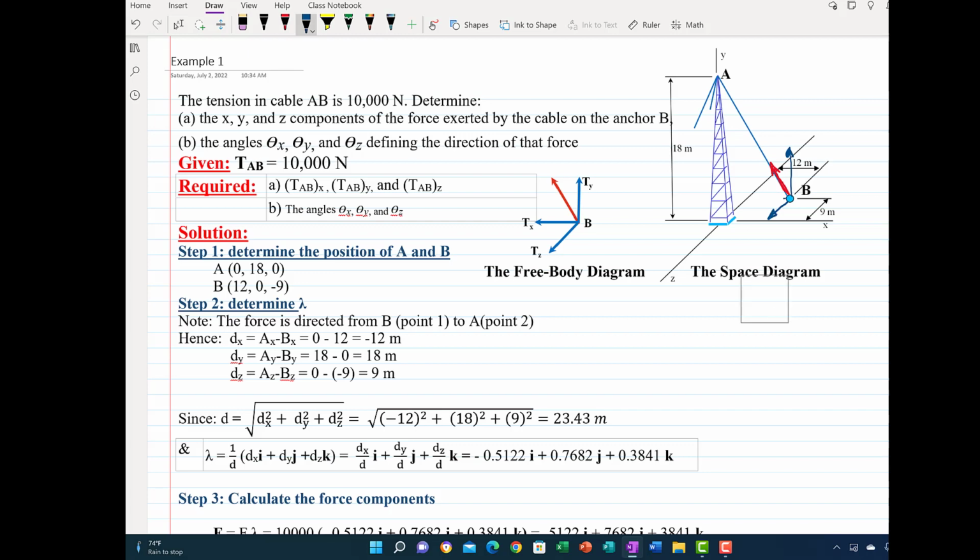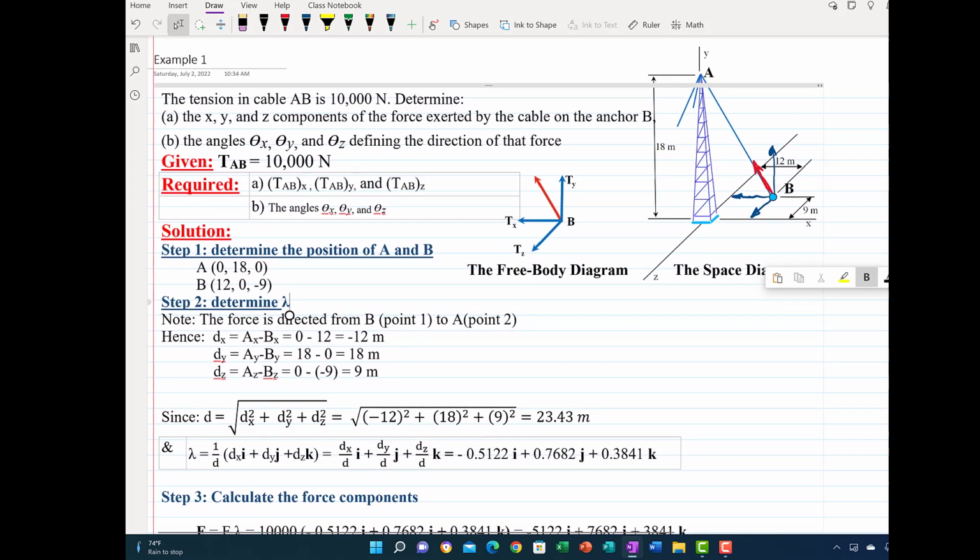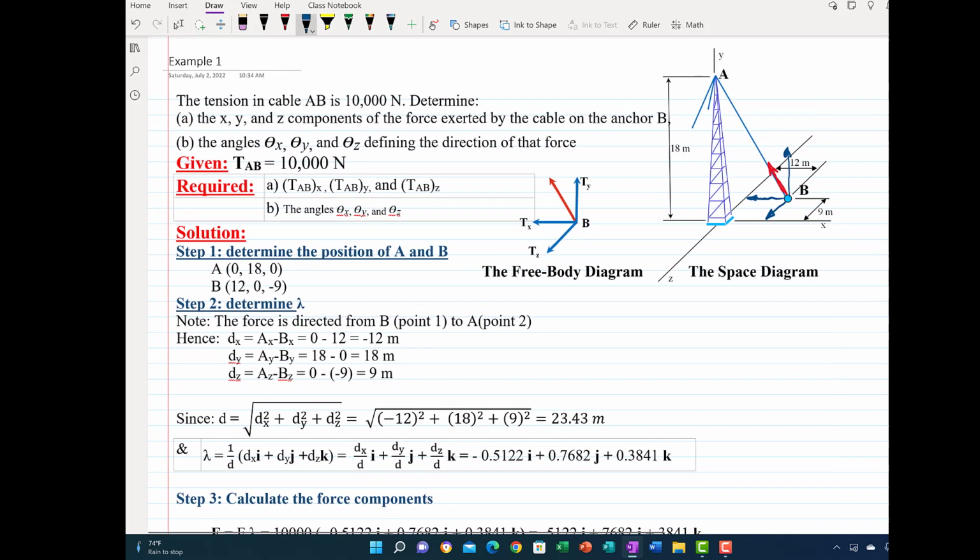It's going to be this way. So actually this will be the tension in AB, and these will be the y component, the x component, and the z component.